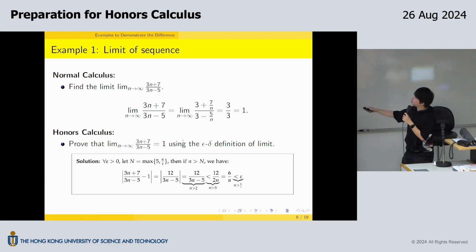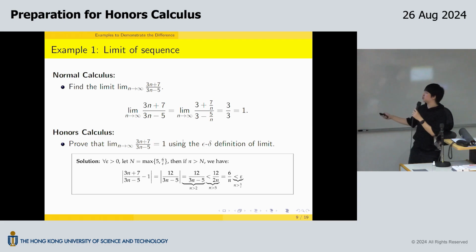In this problem, after some work, you find that if you take capital N to be this number, then the difference between the general term and 1 can be estimated from above by 6 over n. And using this capital N, this is less than epsilon.